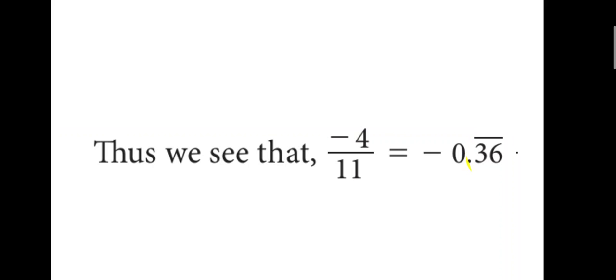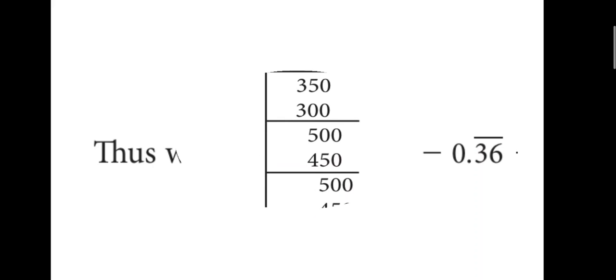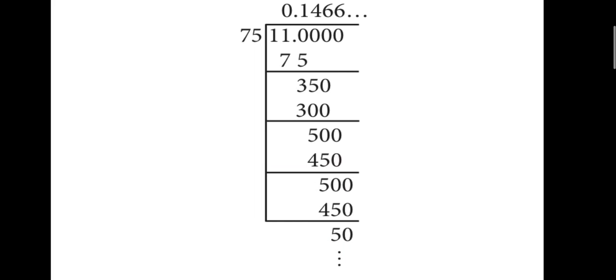Here this bar denotes the repeated digits, that is 0.363636. Here two digits are repeated. Similarly, consider 11 by 75, the same calculation, but here which digit is repeating?